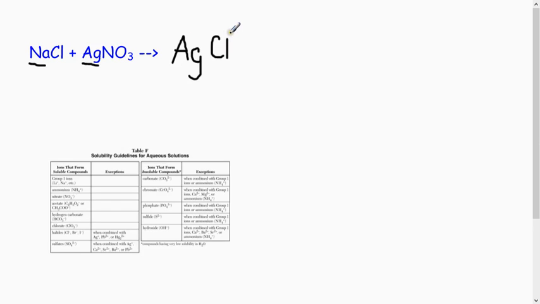Silver is always +1, chloride is always -1, so it is just AgCl, plus the sodium ends up with the nitrate. For subscripts, sodium is +1, nitrate is -1, so this is just NaNO3. Those are the two products that would form.